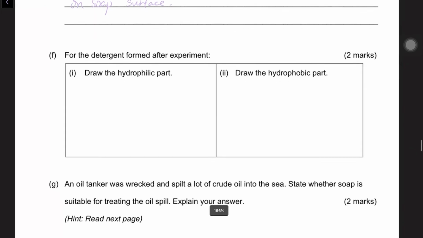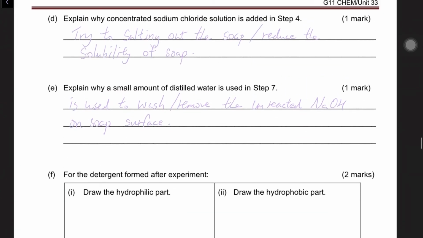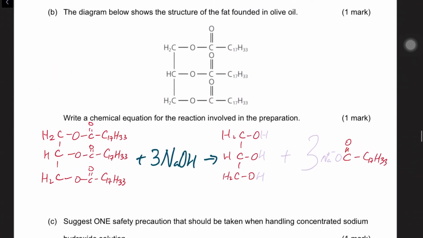Okay, let's see what is the hydrophilic part and hydrophobic part. I think this is easy for you, right? So spend some time to draw it first. So let's check.